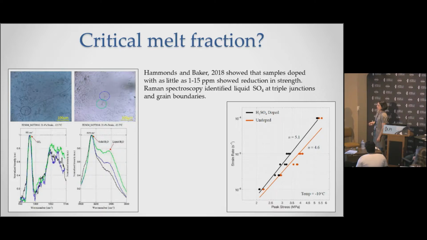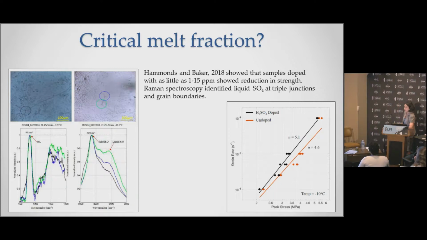And although the softening they saw is not these orders of magnitude I was showing, in all of the results under all conditions, they saw a softening with the tiny bit of doped samples. And then they did some Raman spectroscopy and found that in all cases, or almost all cases, the acid was confined to these little tiny triple junctions.